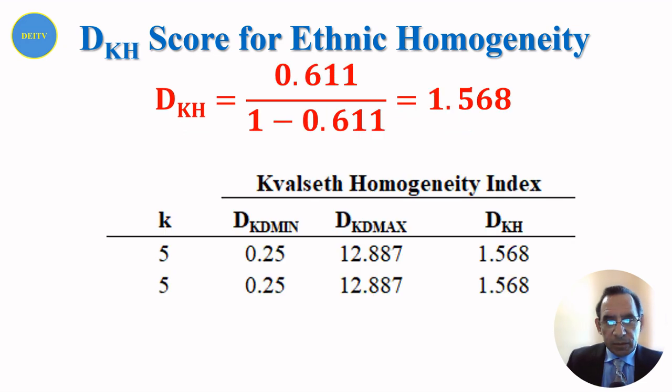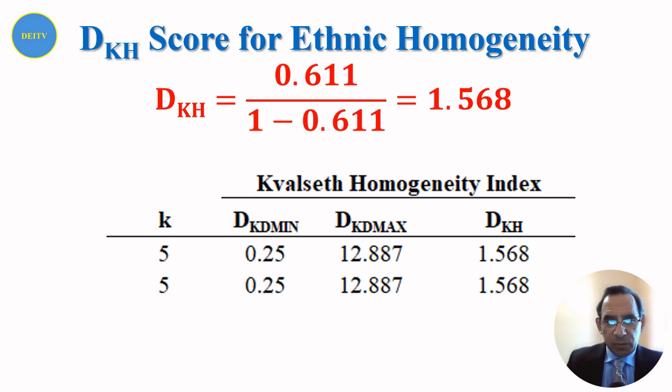Now when the Kvalseth homogeneity index is applied to the Simpson index, or the data that we obtained from the Simpson index, that's going to be 0.611, again that is the concentration score, divided by the diversity score, which is 1 minus 0.611.